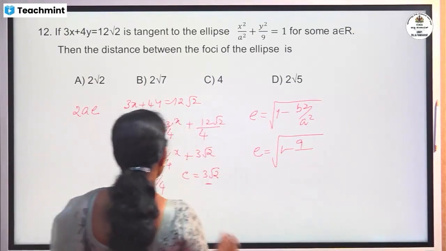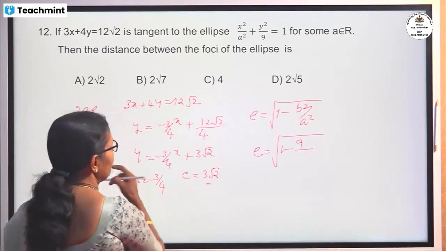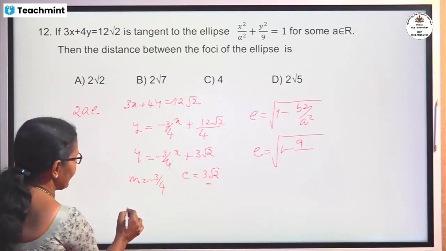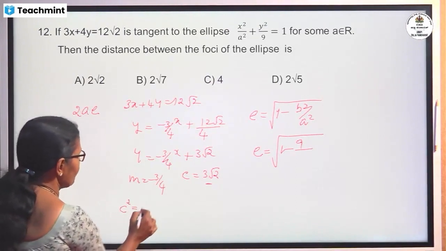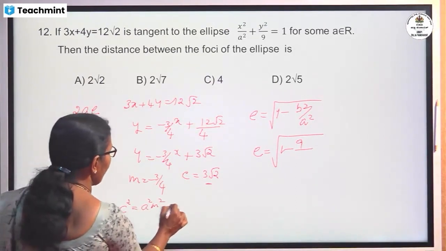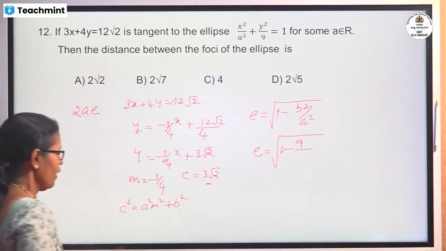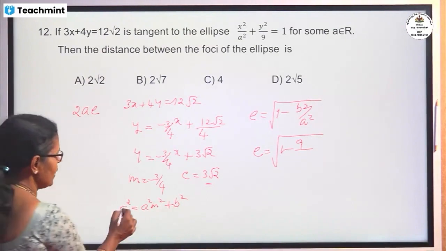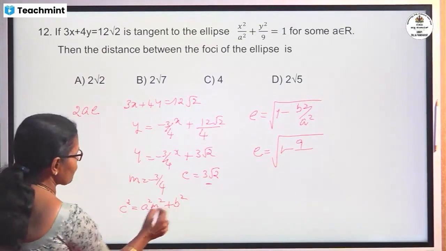Here we get c and m. Compare with the condition of tangency, c square is equal to a square m square plus b square.